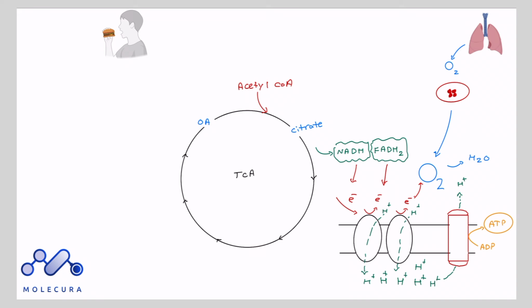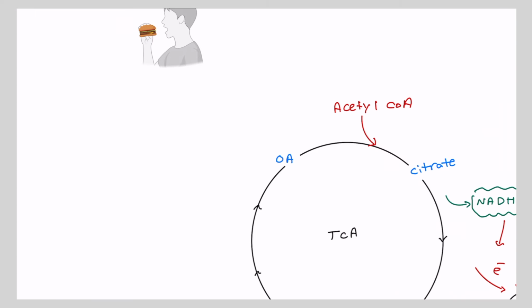Now we'll go to our glycolysis. So when we are eating, we are going to have our glucose. This is our glucose. The glucose will undergo glycolysis and it will get converted to pyruvate.